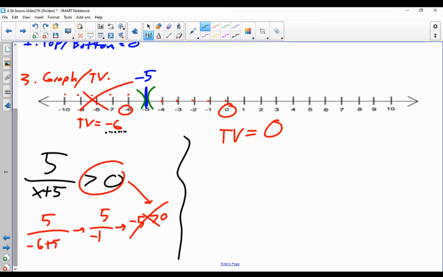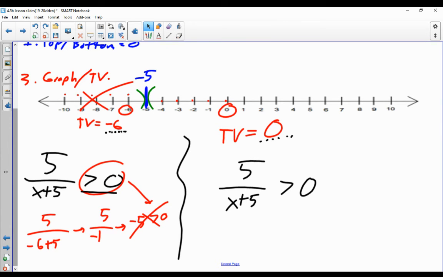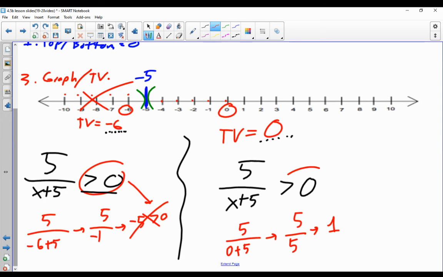Now let's try the second one just to see what happens. So 5 over x plus 5, it is still greater than 0, and now we're going to plug in 0 to see what happens. So on top we get 5, on bottom is 0 plus 5. On top you get 5, on bottom you get 5, and of course it simplifies down to 1.